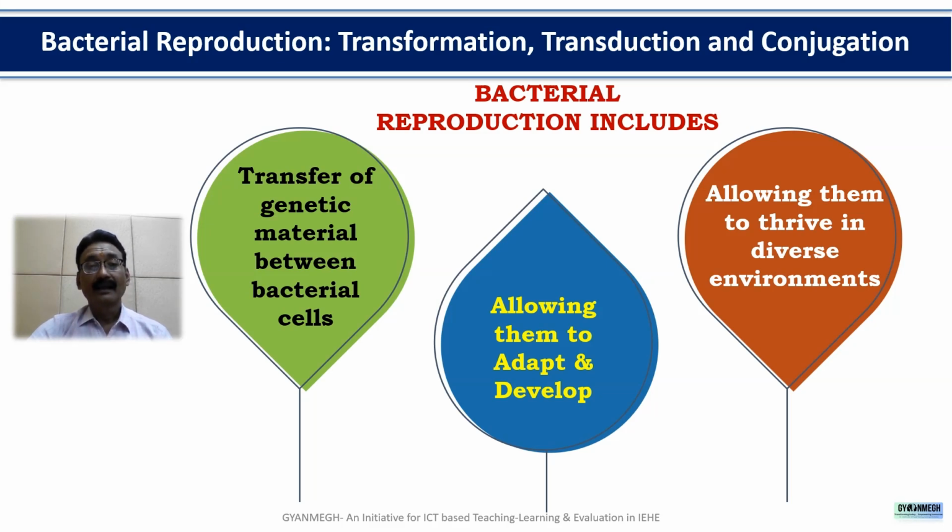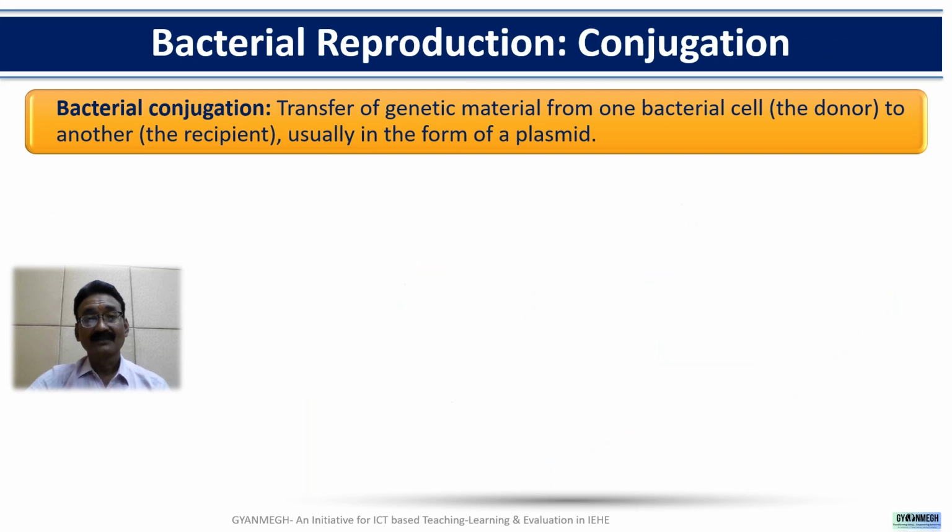In transformation, DNA present in the surrounding environment can be taken up by the bacteria and incorporated into the bacterial genome. In transduction, DNA can be transferred from one bacterium to another with the help of bacteriophages, that is, viruses. Now, here we are going to discuss conjugation.